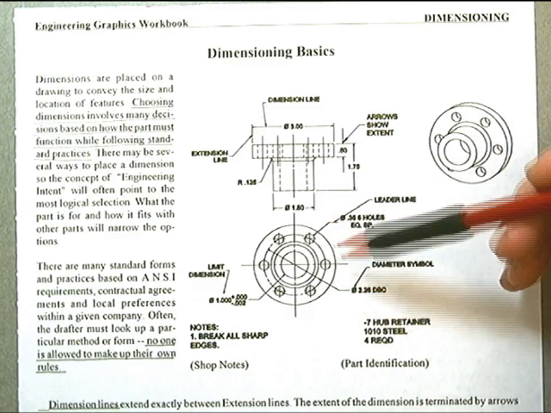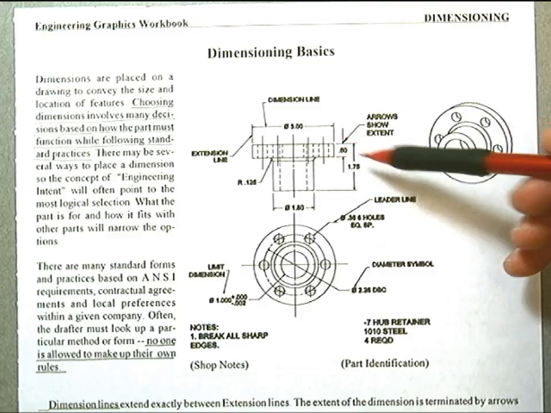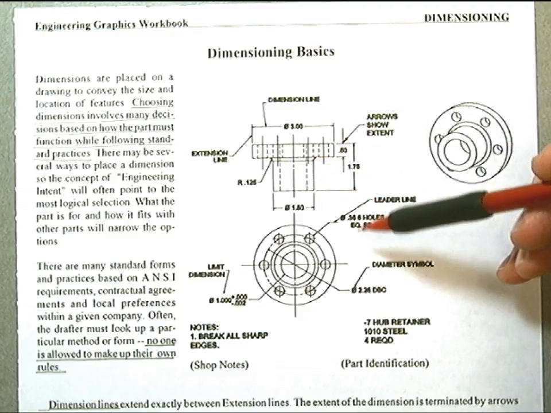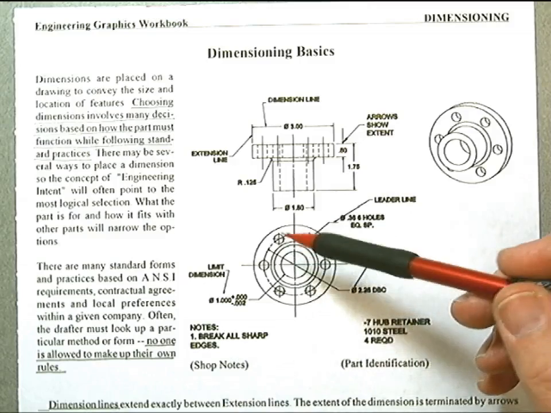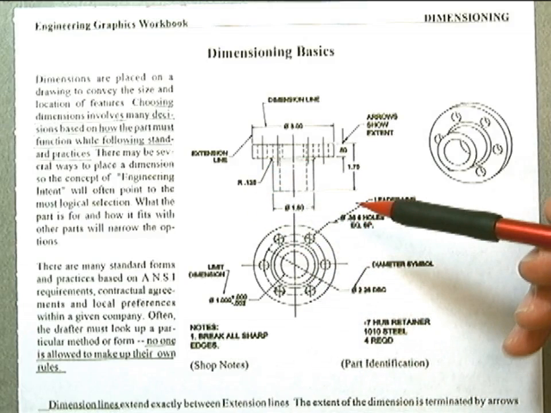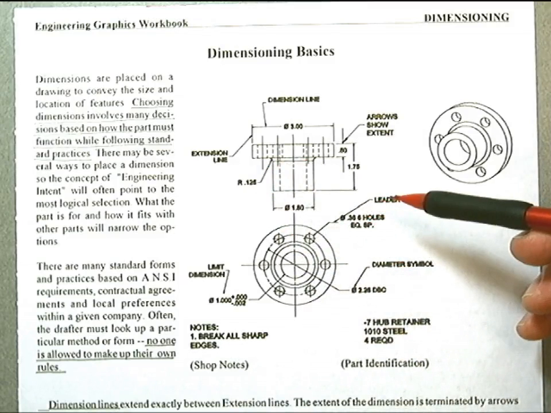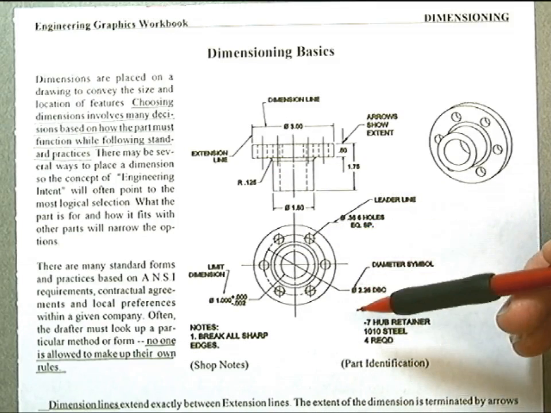Essentially, every dimension is to be there for a function, to tell a size, or to tell an operation in the mechanical engineering. So when we place a dimension, the concept of the engineering intent will point to the most logical location or selection.